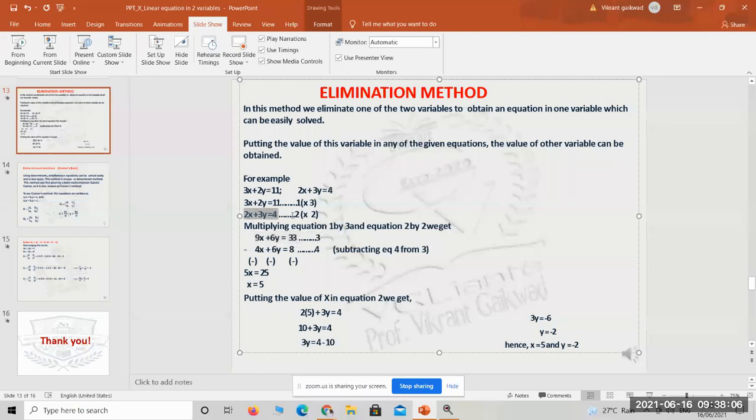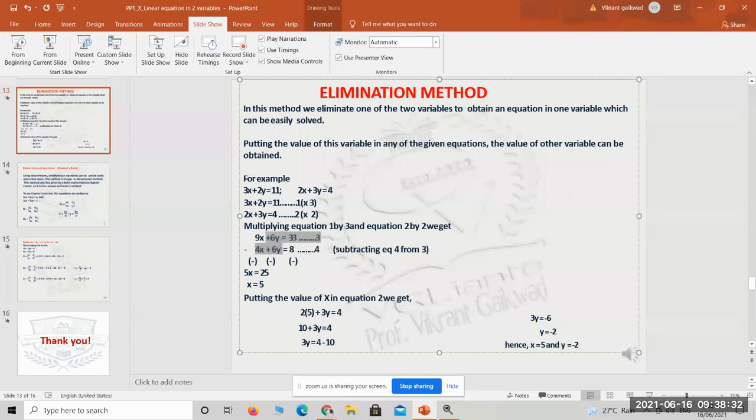Now the second one, you multiply with 2. So 2 into 2 is 4, 2 into 3 is 6, and 2 into 4 is 8. So we get the fourth equation as 4x plus 6y equals 8.